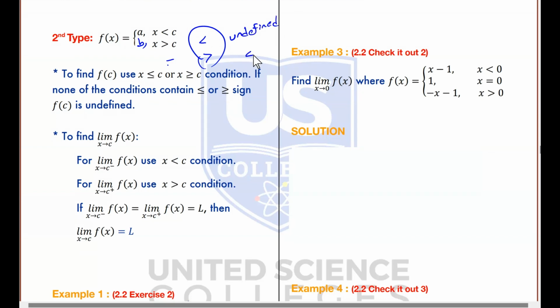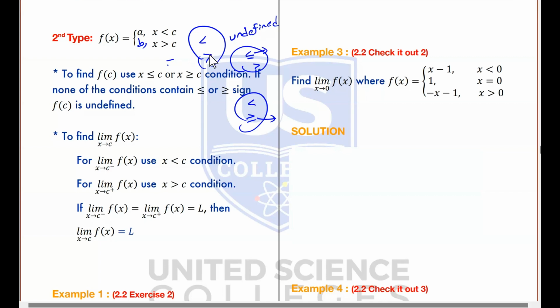But if one of them has equality in it, like this, or less than or equal to, greater than or equal to, we check the condition that has equality in it to find the value of the function at that point. Otherwise the function is undefined at that point.